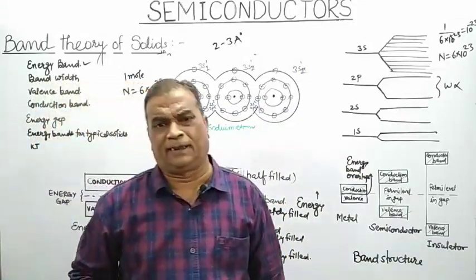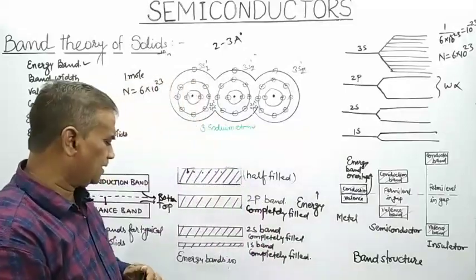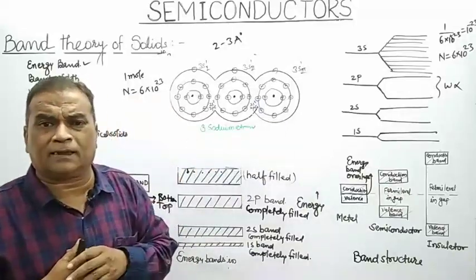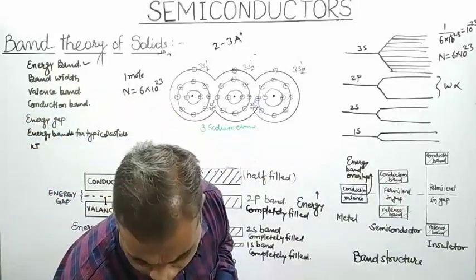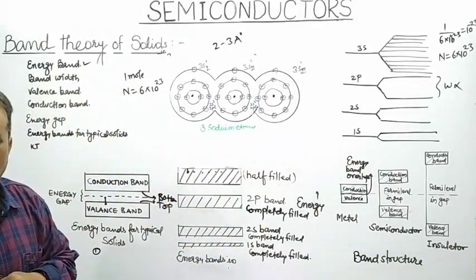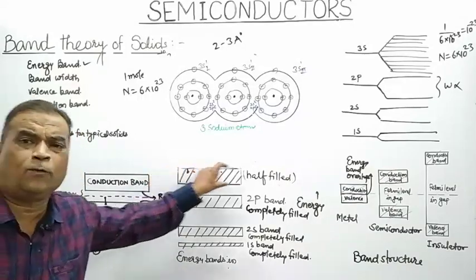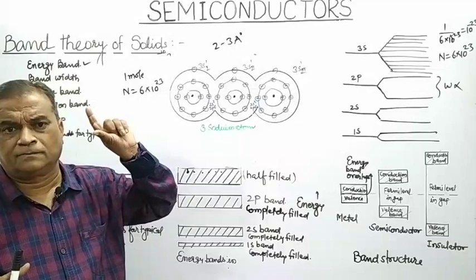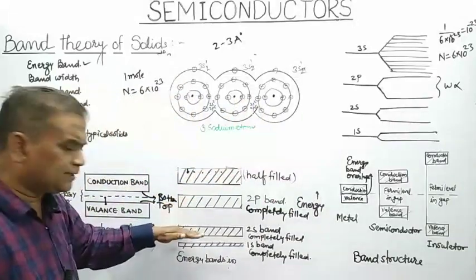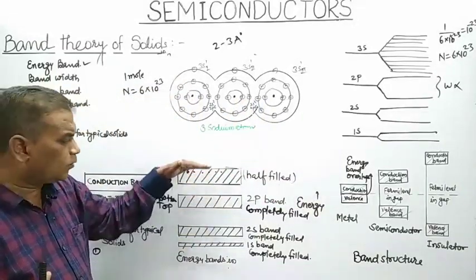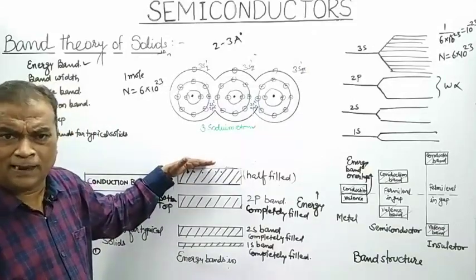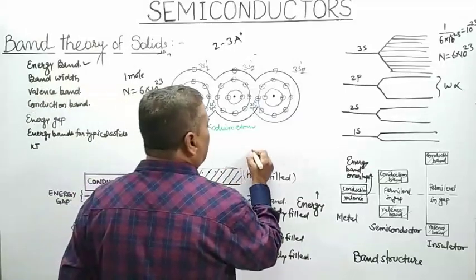In case of a semiconductor, all the energy levels in all the bands including the topmost band are completely filled or completely occupied. They are completely filled with electrons at 0 degree Kelvin.